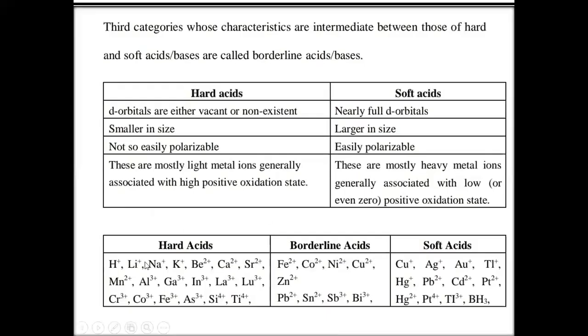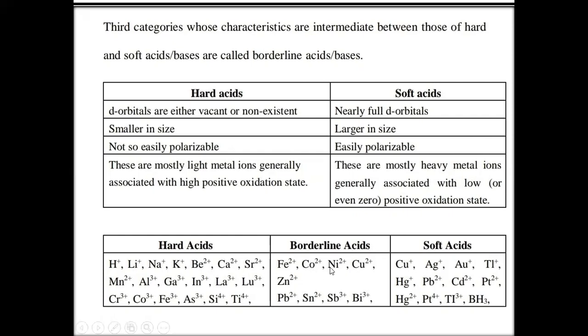Now, coming to the borderline acids. Borderline acids have characters in between the hard acids and soft acids, that is, between type A or class A and type B or class B metal ions.